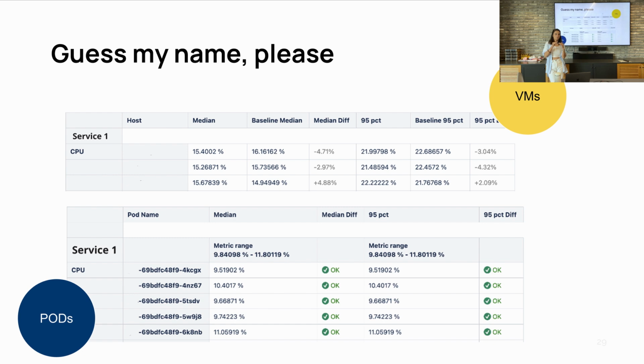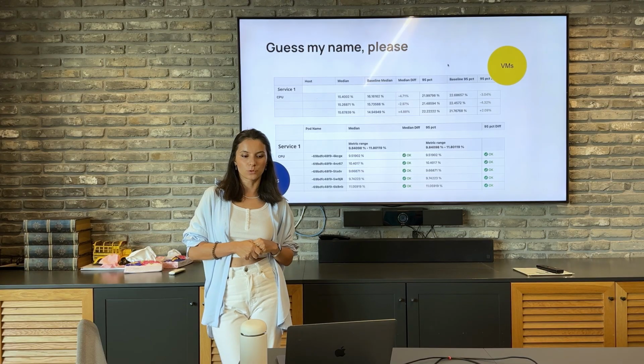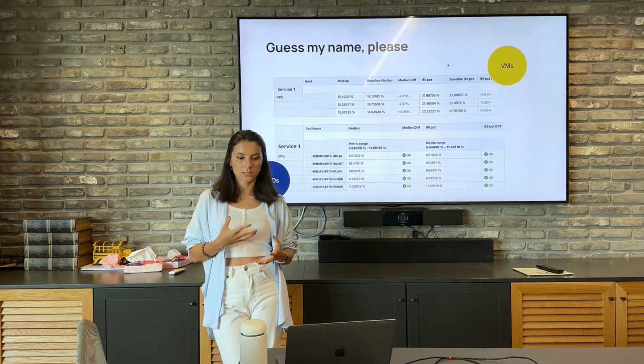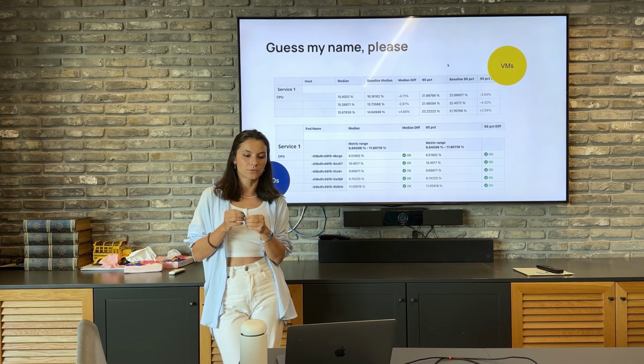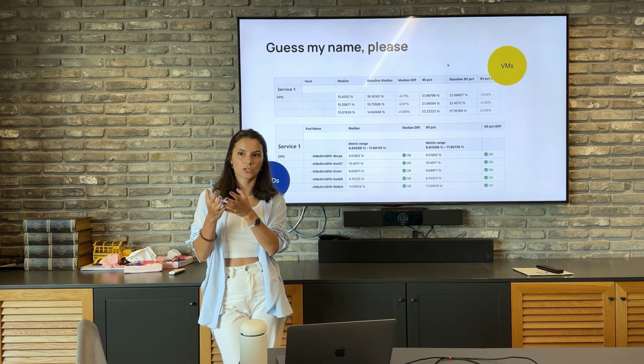We gather these metrics from each pod and build a range from them. Actually, it's a better approach, I suppose. I like it more. We now use it for almost every metric in our system, and we compare whether the metrics we received are in the range.